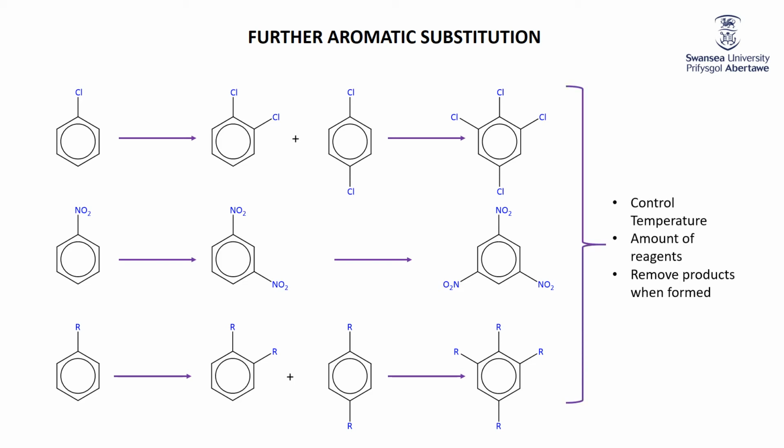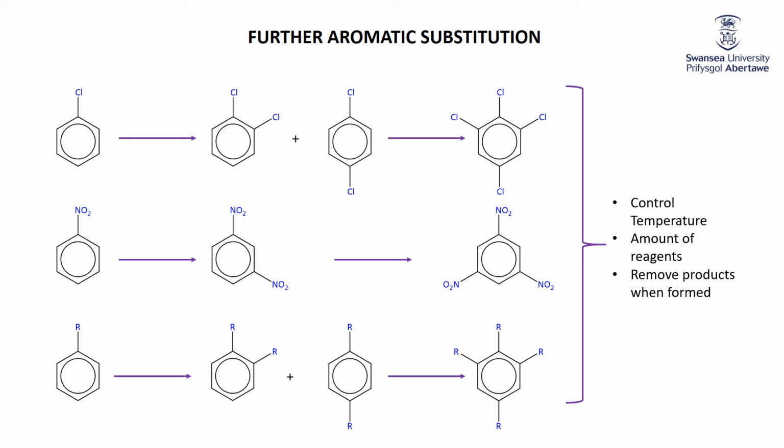Now, two points to make here. The first is that as with any reaction where you could get continual reacting going on, you can control things. You can control temperature. For example, the nitration reaction is a nice exothermic reaction. So if you do it nice and cool, then you're going to be tilting the reaction in the way you want to tilt it. You control the amount of reagents that you use.